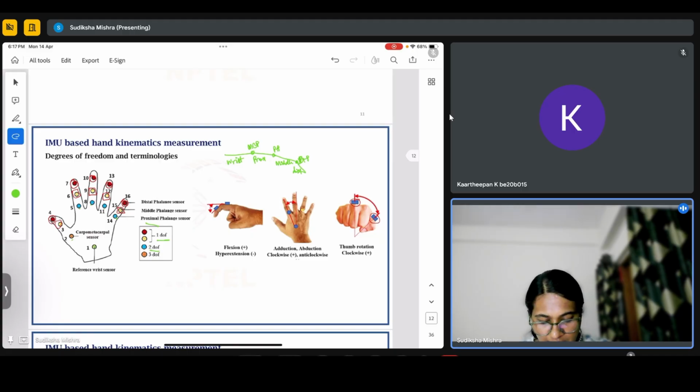The carpometacarpal sensor for the thumb has 3 degrees of freedom because the thumb also allows for rotation. And there is a reference wrist sensor because it shouldn't ideally move when these movements are occurring.